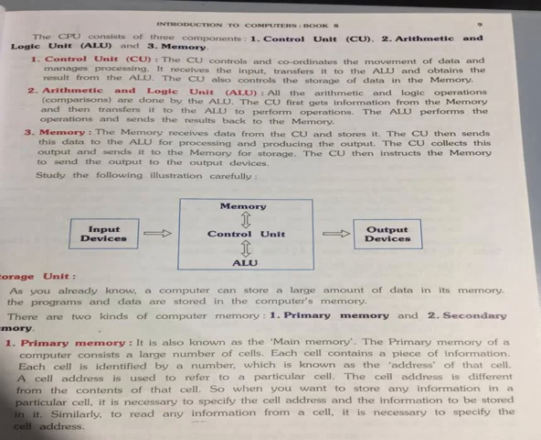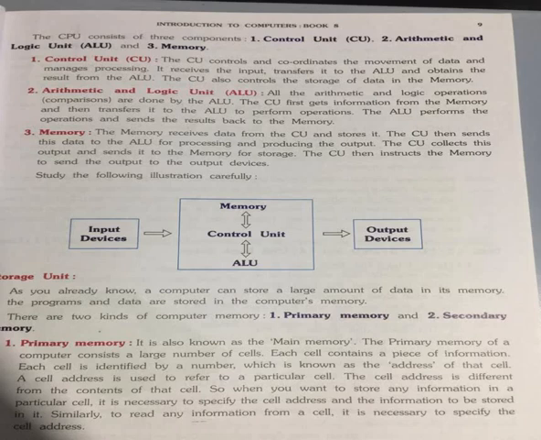First is the control unit, then the arithmetic and logic unit, and last is the memory. Now the control unit, the CU. The CU controls and coordinates the movement of data and manages processing.